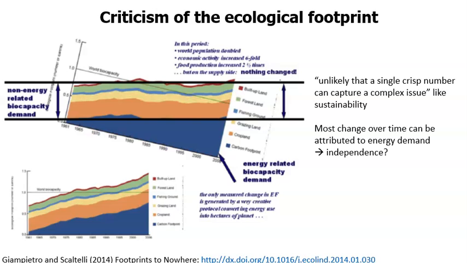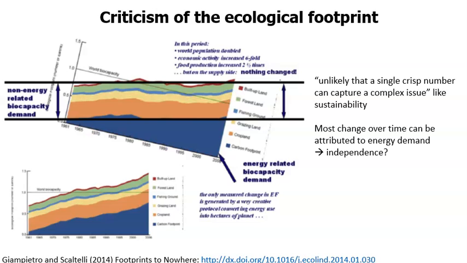So the blue component that's shown here in this figure is the one that actually changes drastically over time, the component of the ecological footprint, the hypothetical land that would be needed to sequester our carbon emissions. It's not there, and this is why we say we live in ecological overshoot, we exceed the biocapacity of our planet.